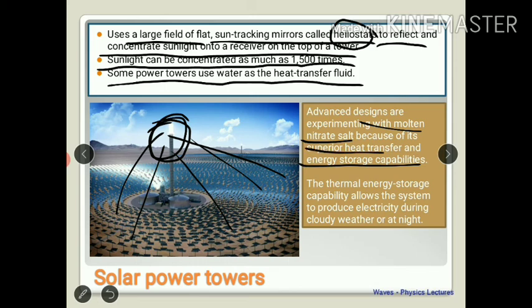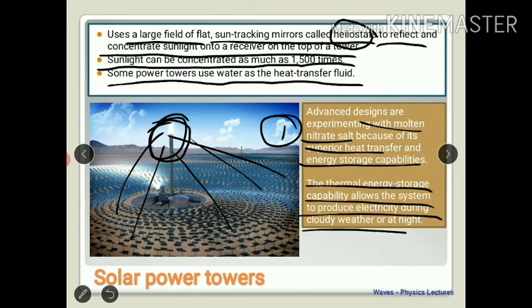So this might be a 1 mark objective question: why do we use molten nitrate salt as a carrier of heat? The thermal energy storage capability allows the system to produce electricity during cloudy weather or at night. So it has a storage facility, which allows the system to generate electricity even in cloudy weather or at night time.